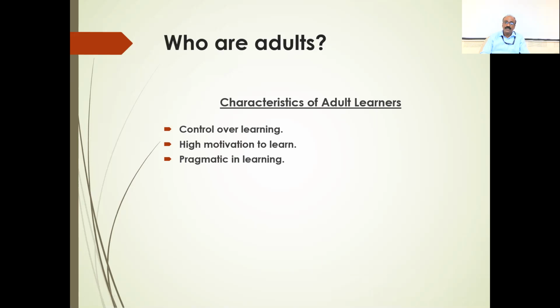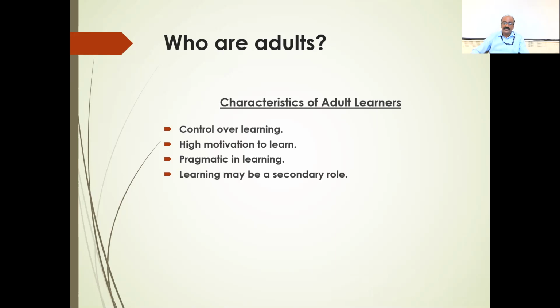And the third characteristic of adult learners is pragmatic in learning. Adult learners are pragmatic in their learning, because adult learners are motivated to learn information that is immediately applicable to their situation and needs. To meet this need, program content must be relevant to the application needs of the learners.